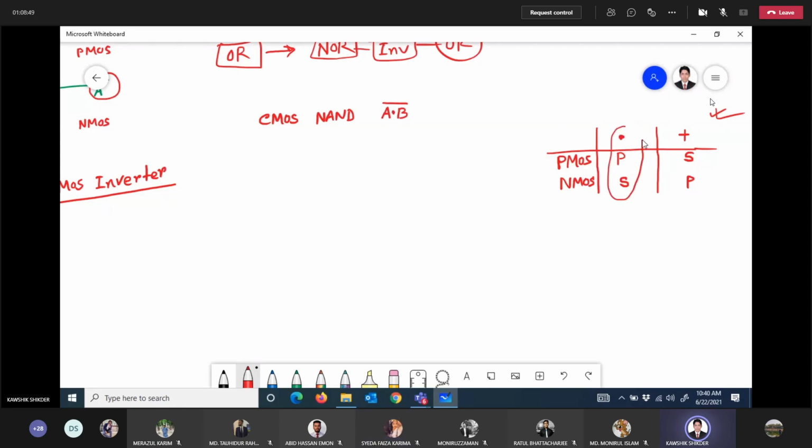That means PMOS should be parallel and NMOS should be series. Parallel means how many common points? 2 common points. And series? Series means 1 common point. Okay. So for CMOS design, the upper portion is for which one, PMOS or NMOS?